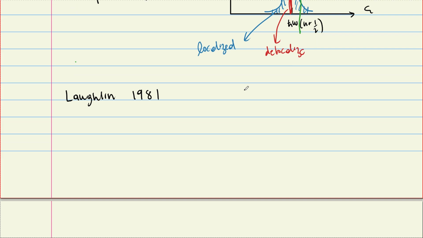So Laughlin considered, rather than this whole bar, this disk, something like that. It's harder to draw.